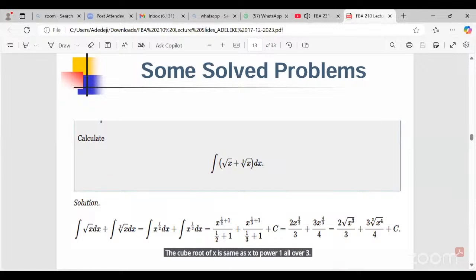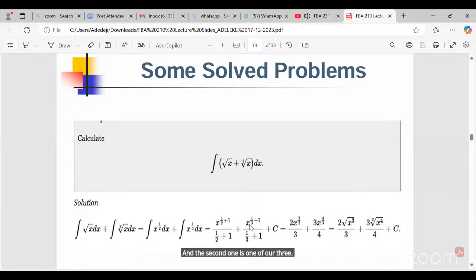So you apply the same integration method: increase the power by 1, and then use it to divide the new function. So we have two powers there. The first one is 1 over 2, and the second one is 1 over 3.